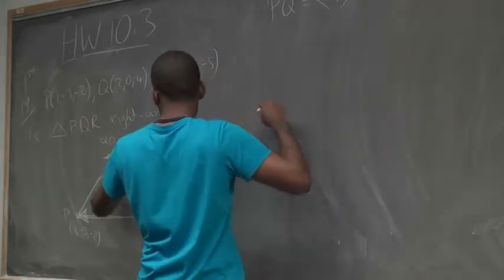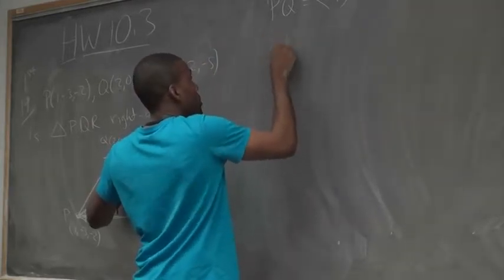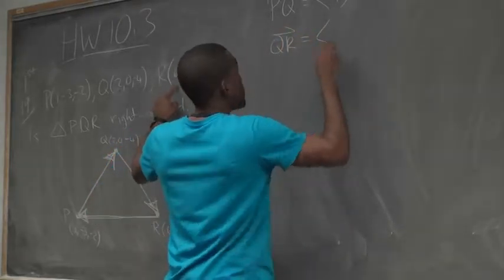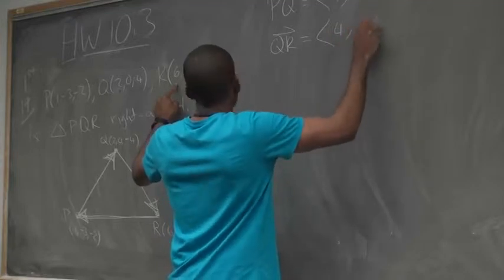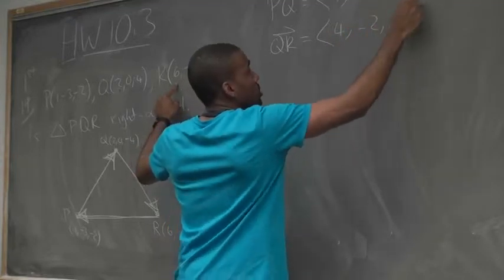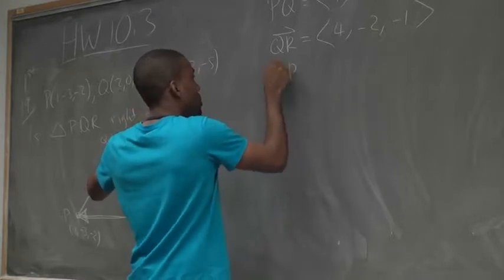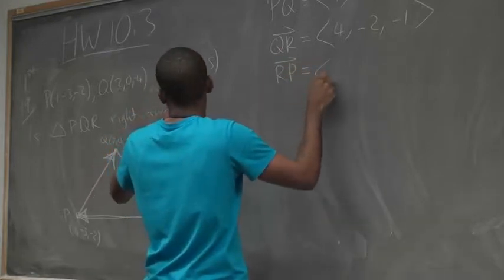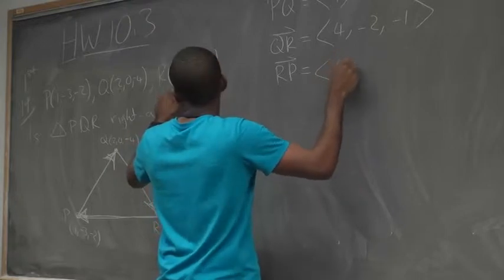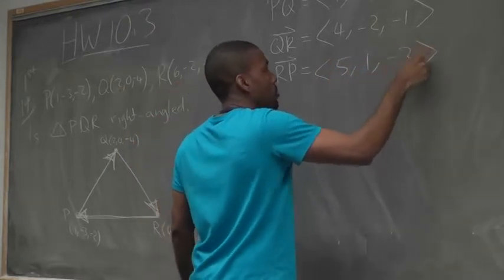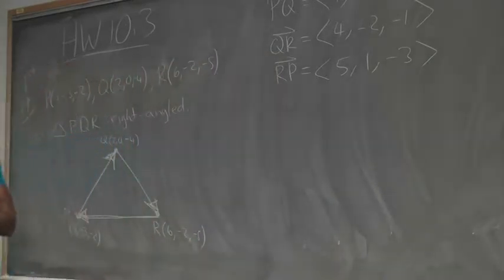QR is 4, negative 2, negative 1. And RP is 5, 1, negative 3. Okay, so now we have these in vector form.